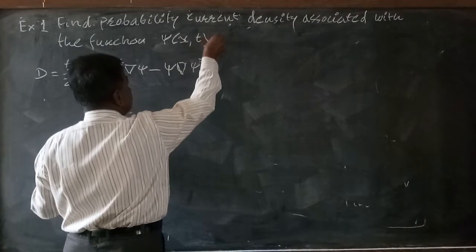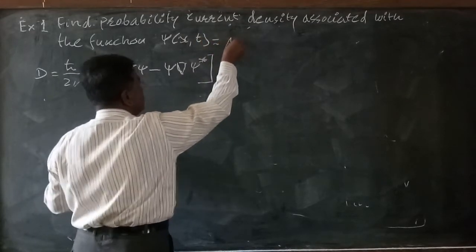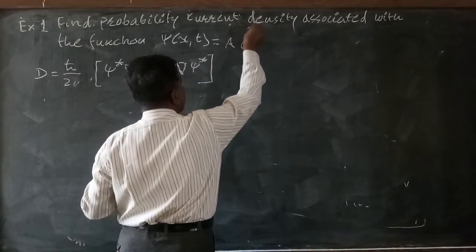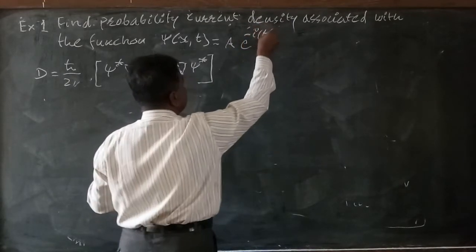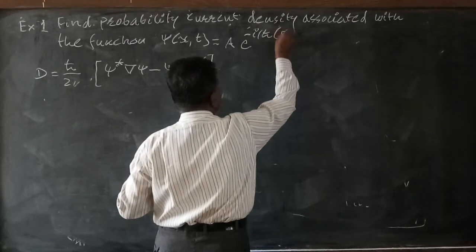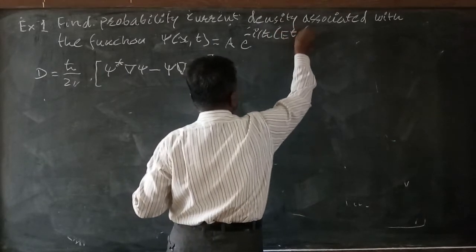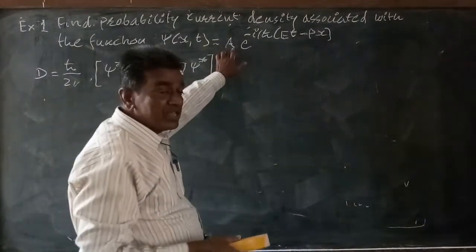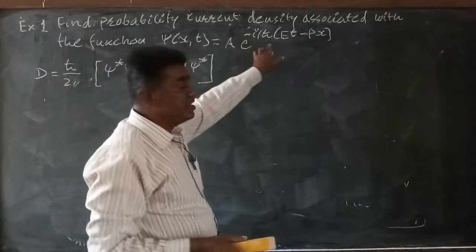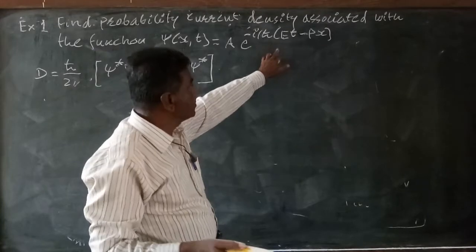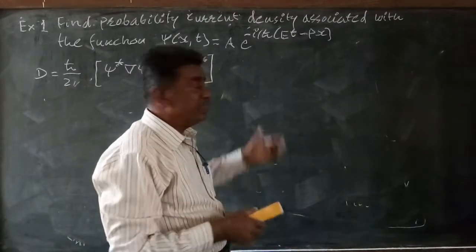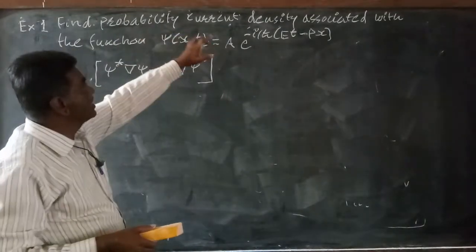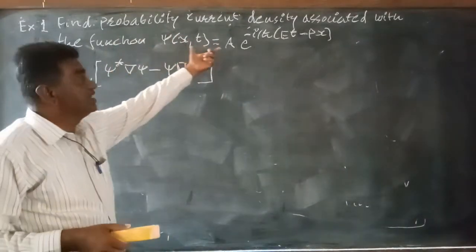So this will be equal to A into e to the power minus i divided by ħ into bracket (Et minus px), suppose. This is the wave function of a free particle in terms of the energy and momentum of the particle. So we have to find the probability current density associated with this function.